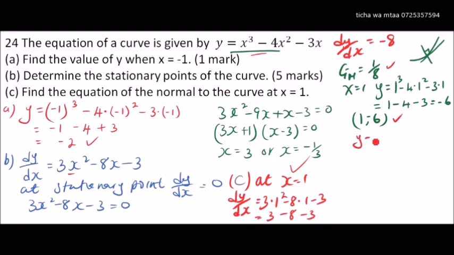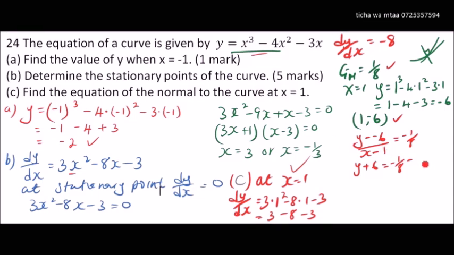So y minus minus 6 divided by x minus 1 is equal to minus 1 over 8. You cross multiply, you get y plus 6 is equal to minus 1 over 8 times x minus 1, and that will give you minus 1 over 8x plus 1 over 8.